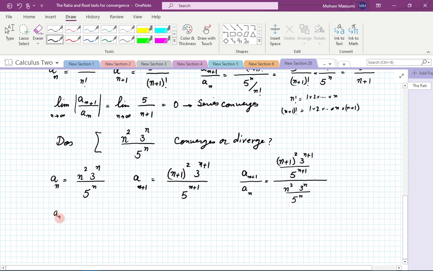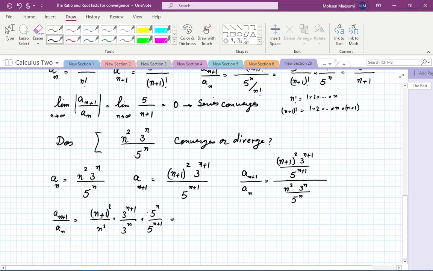So a_{n+1} over a_n is, let's write similar terms next to each other so simplification becomes simple for us. So I have 3 to the power of n plus 1 over 3 to the power of n, and then 5 to the power of n over 5 to the power of n plus 1.